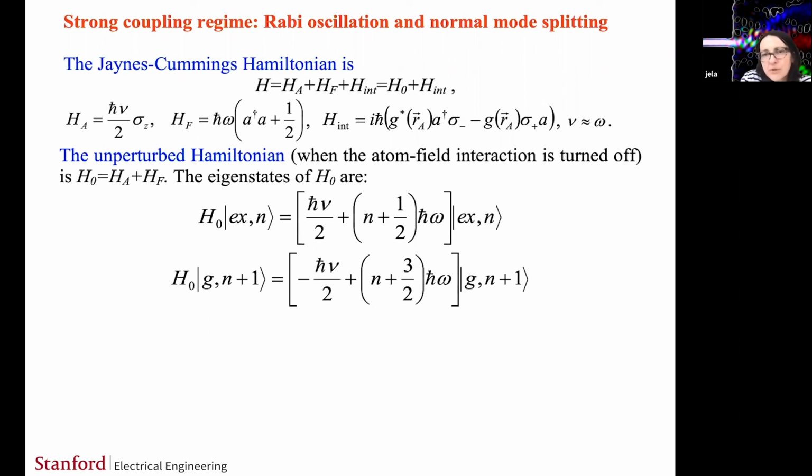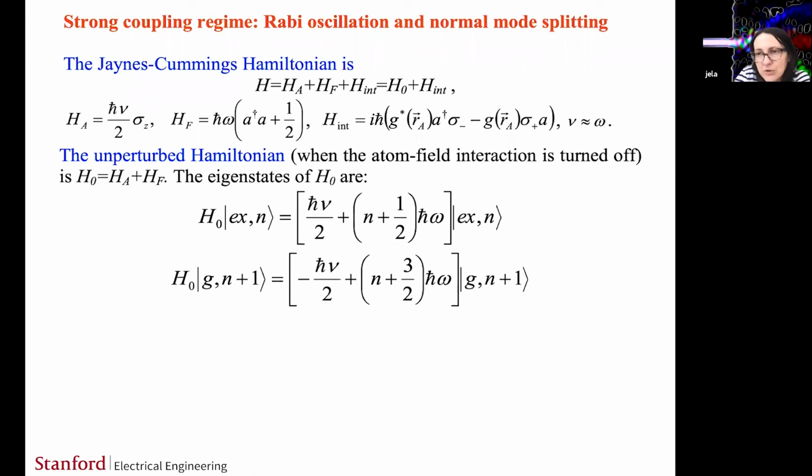And of course, any arbitrary Ex or G with an arbitrary integer number of photons would be an energy eigenstate of the system. But I'm only writing these two here because if I initialize the system in the state Ex, n, at time 0, I put the atom in the excited state and I have n photons in the cavity, then by energy conservation, that system will never go into the state G, n plus 300.